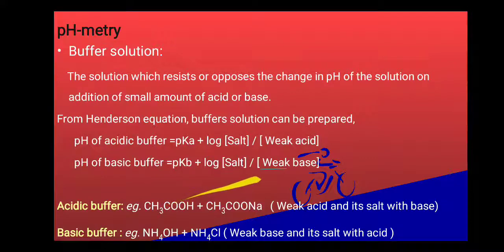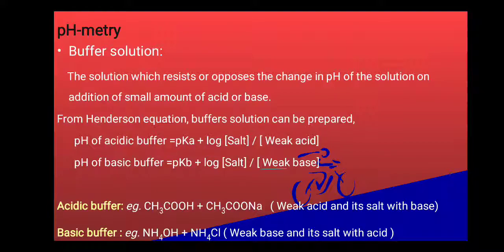An acidic buffer is formed by a weak acid and its salt with a strong base. For example, when you take a weak acid such as acetic acid, CH3COOH, and a strong base, NaOH, and they react with each other, they form sodium acetate.